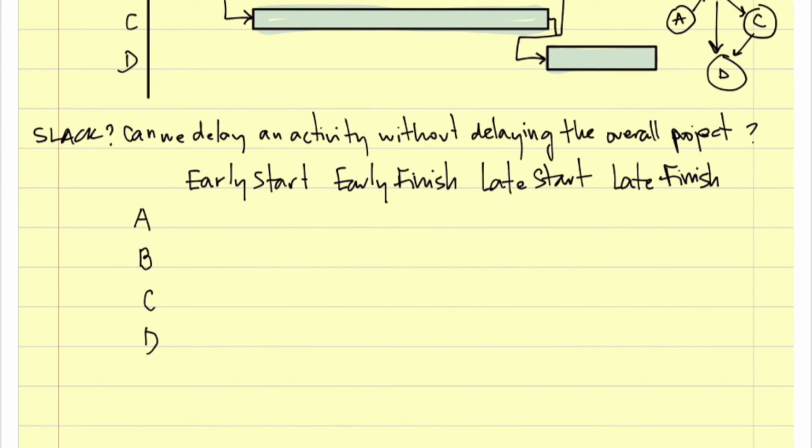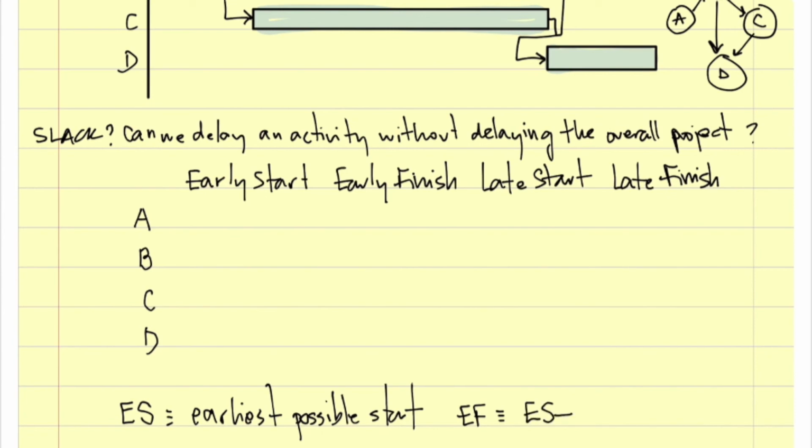Early start, ES, is the earliest possible start. Early finish is the early start plus the duration of the node.